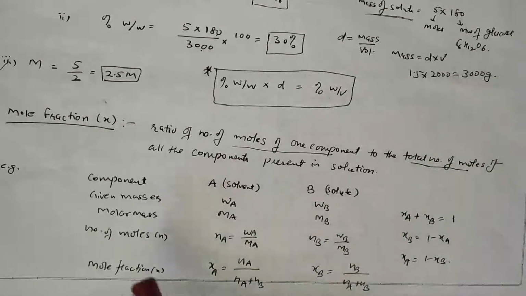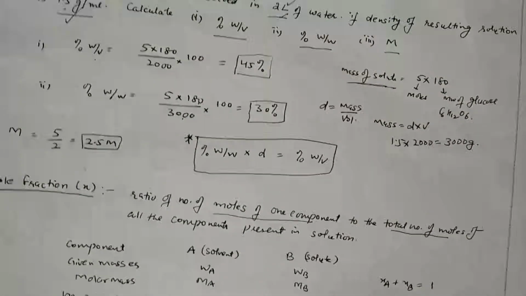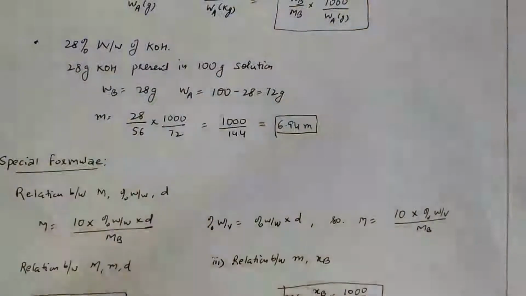Mole fraction of A, XA, is equal to number of moles of A divided by total number of moles. XB is number of moles of B divided by total number of moles. The sum of the mole fraction of all the components is always 1, whether the solution contains 2, 3 or 4 components.